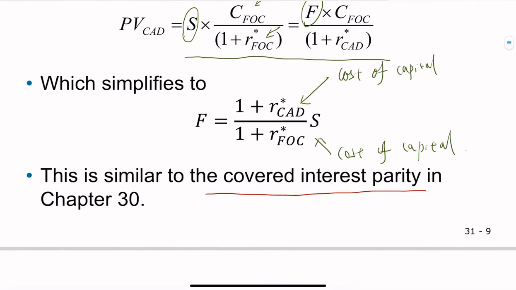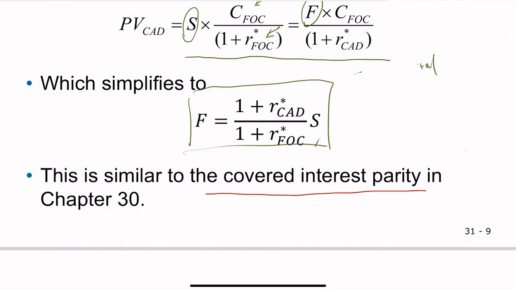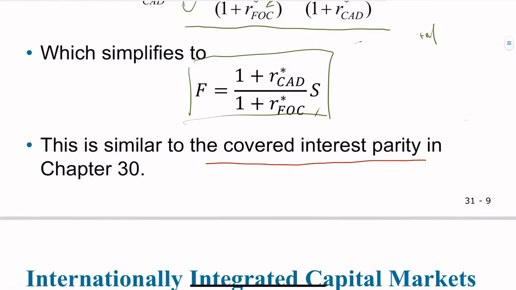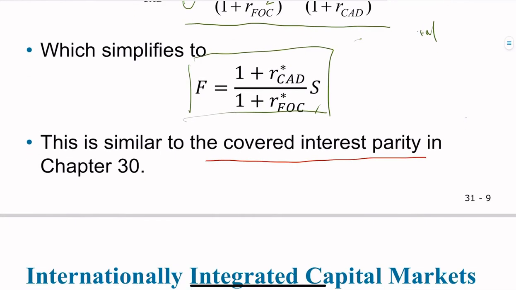And in the end, we will get a formula which is similar to this covered interest parity in chapter 30. So from chapter 30, we learned covered interest parity is given by this formula, right? And the difference here is in this chapter, we get this R star CAD.